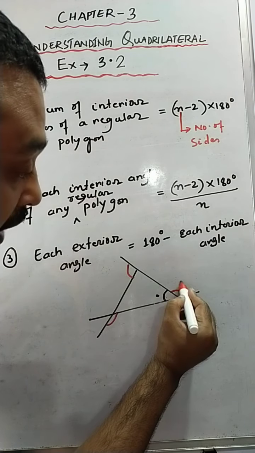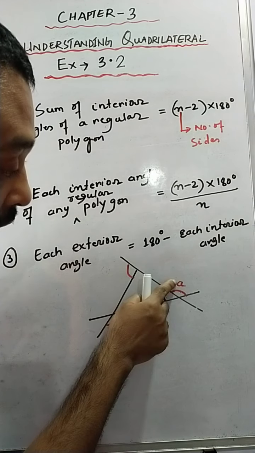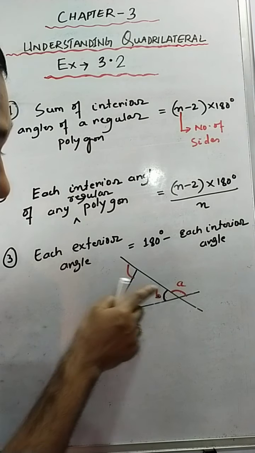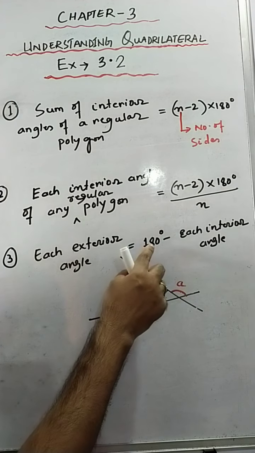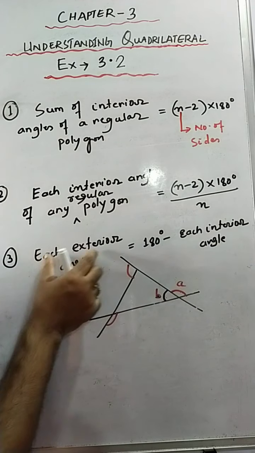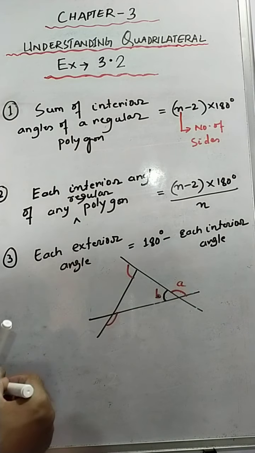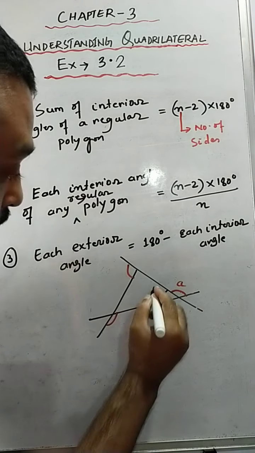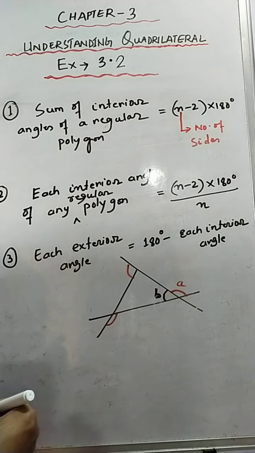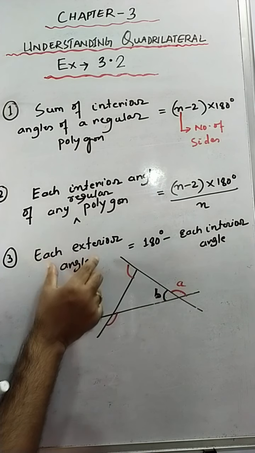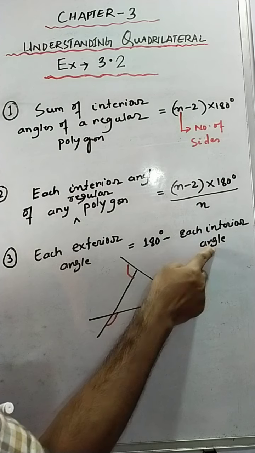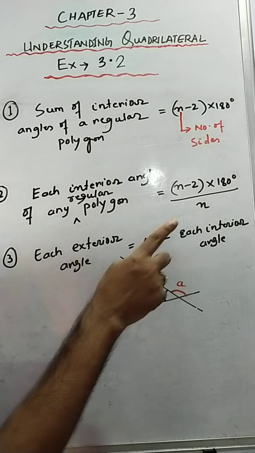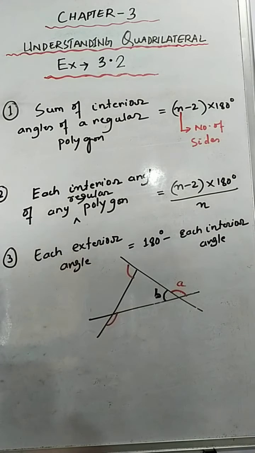So to get the value of A, suppose this is A and this is B, I have to subtract B from 180 degree. So this is what I have done. See, this A represents each exterior angle and B represents each interior angle. So to get the value of each exterior angle, I am subtracting B, that is each interior angle, from 180 degree. Understood? This is how the 180 degree concept is coming.